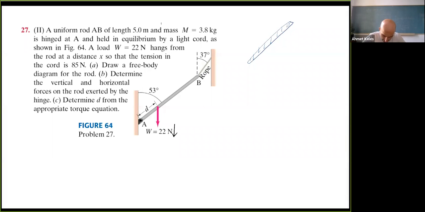So there is obviously M rod times G. There is some force here, F. And here, there's some tension, T. And is T given? I think it's not.